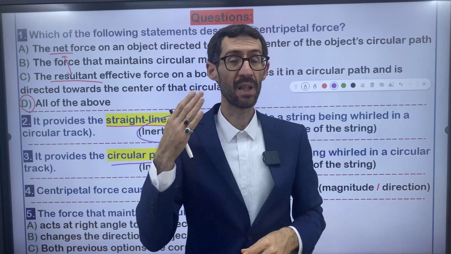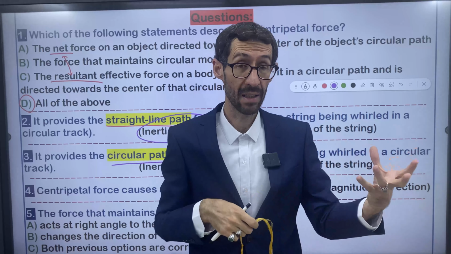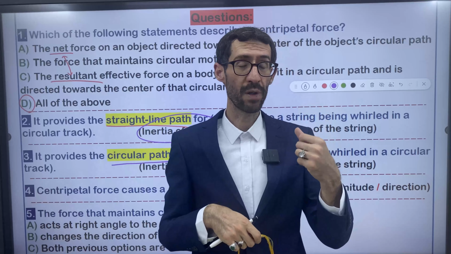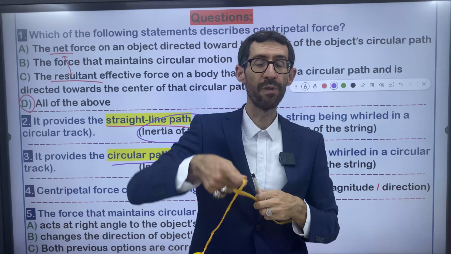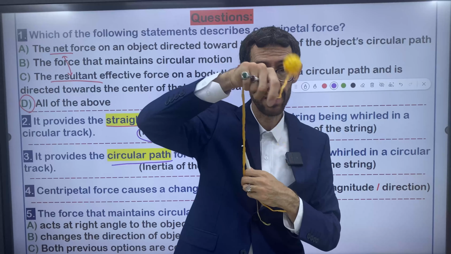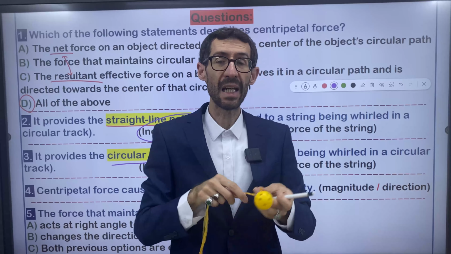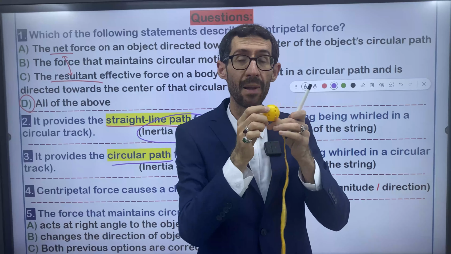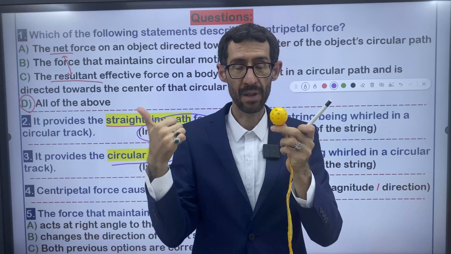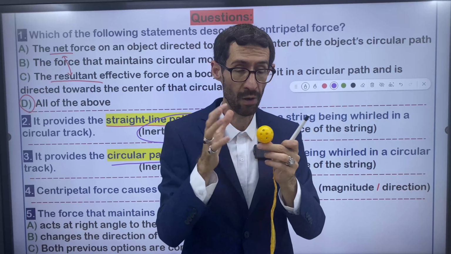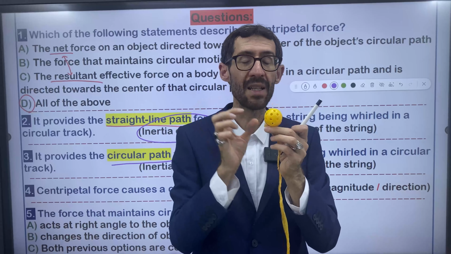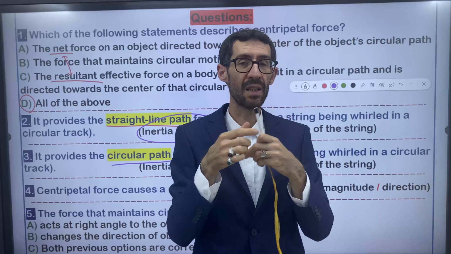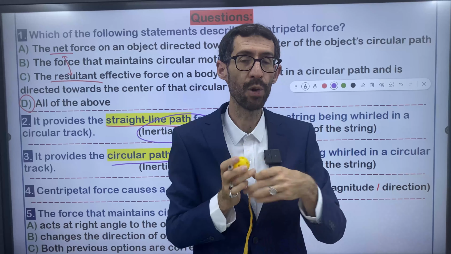So if centripetal force wins the battle, and if centripetal force overcomes the inertia, the ball keeps moving in a circular track, right? If the inertia of the ball overcomes the centripetal force, the ball does not follow a circular track anymore.